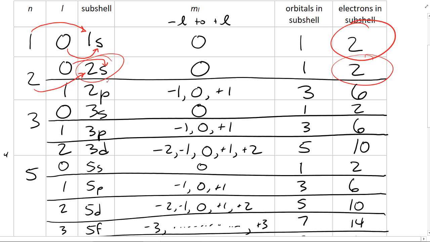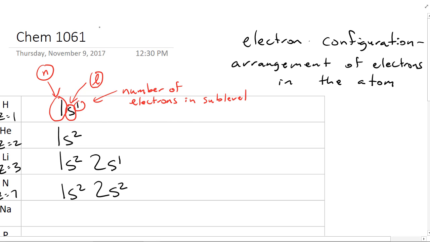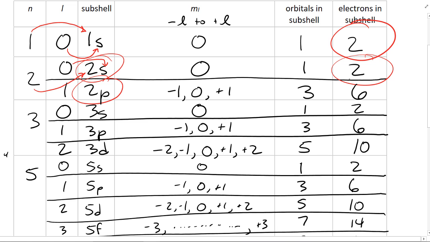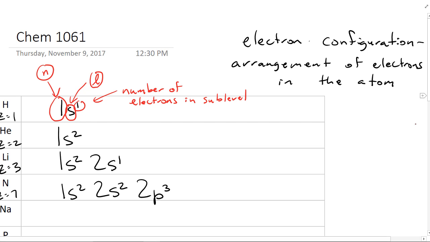Once that's filled, we go on to the 2p. And how many 2p electrons do we need? 3 altogether. Can the 2p sublevel hold all 3? Yes, it can, because the 2p sublevel could actually hold up to 6 electrons.